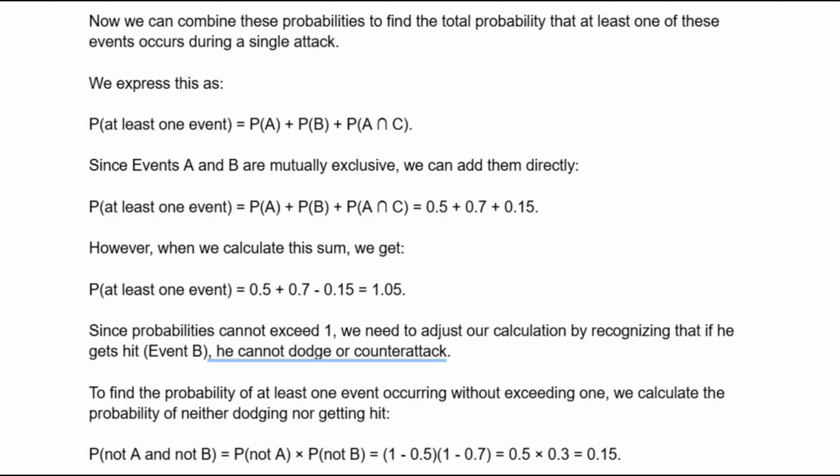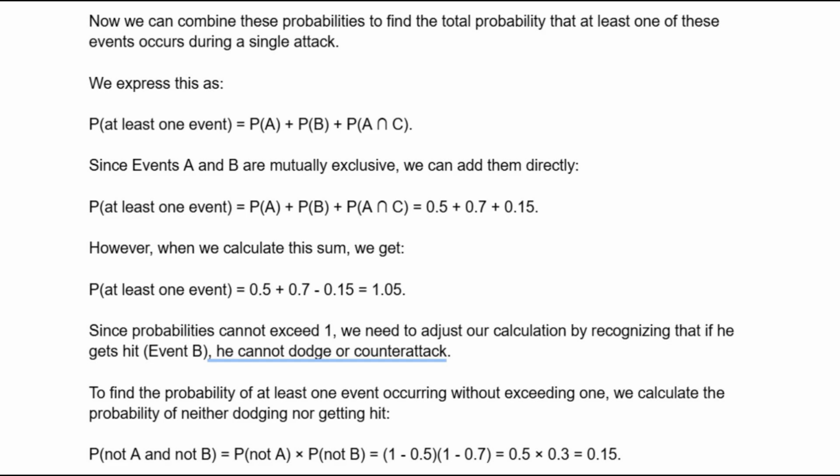Now, we can combine these probabilities to find the total probability that at least one of these events occurs during a single attack. We express this as P of at least one event is equal to P of A plus P of B plus P of A intersection C. Since events A and B are mutually exclusive, we can add them directly.